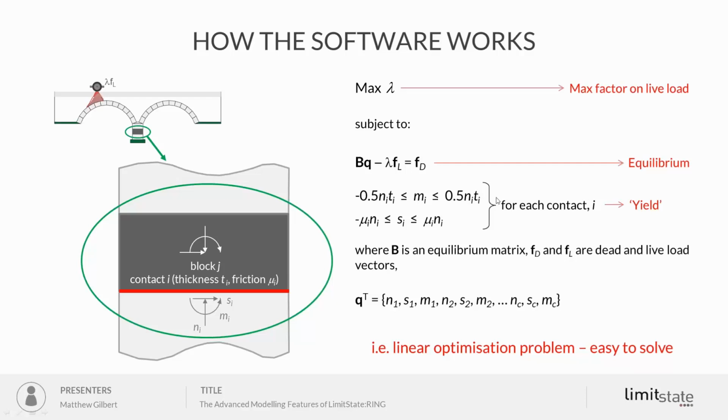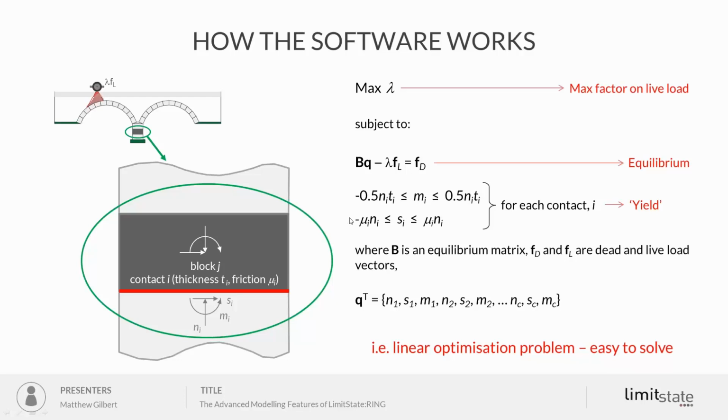In terms of yield, then we've got quantities representing the forces between blocks, so the contact forces, so the shear, moment and normal force, S, M and N, and we can impose restrictions on those.